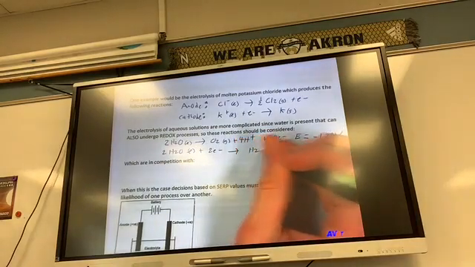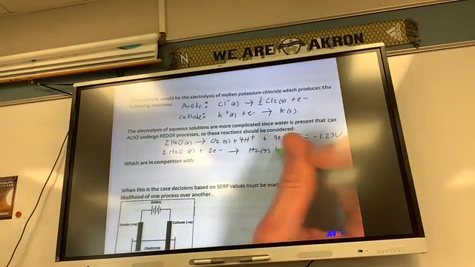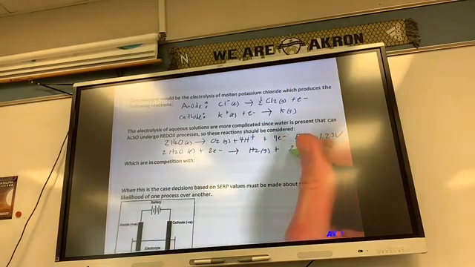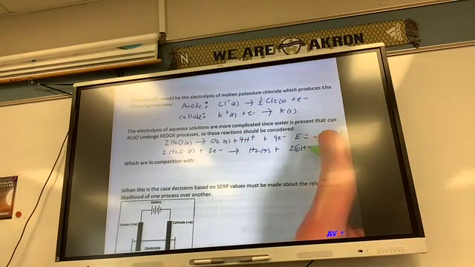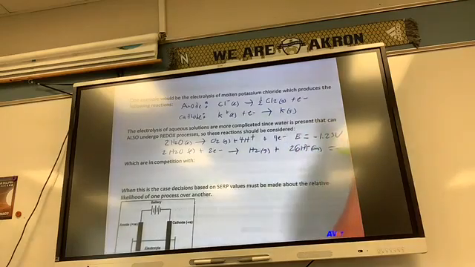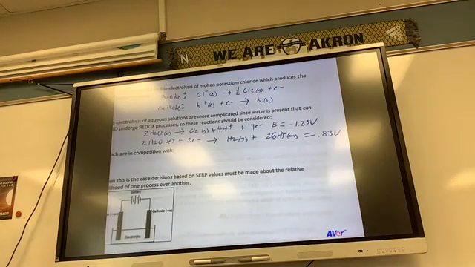Yields H2 gas plus 2OH minus, which would be aq. So this is negative 0.83 volts, because we know that water can be an acid or a base. So it can gain or lose.